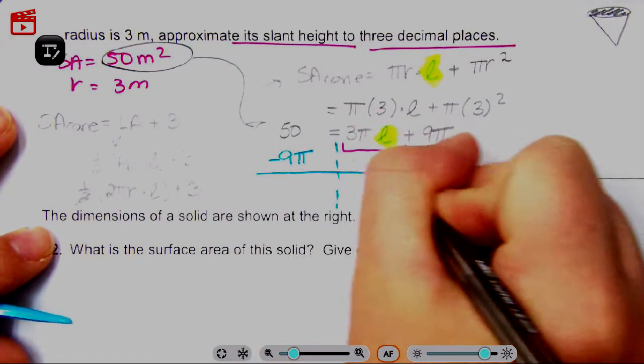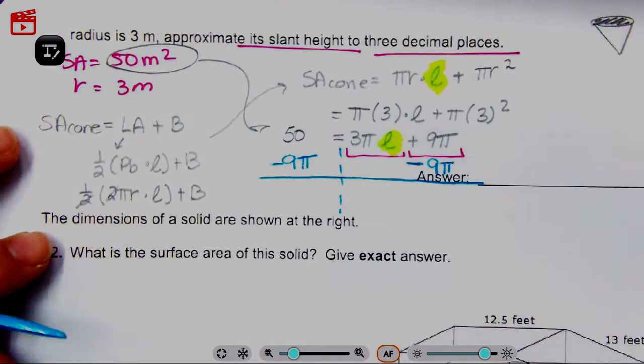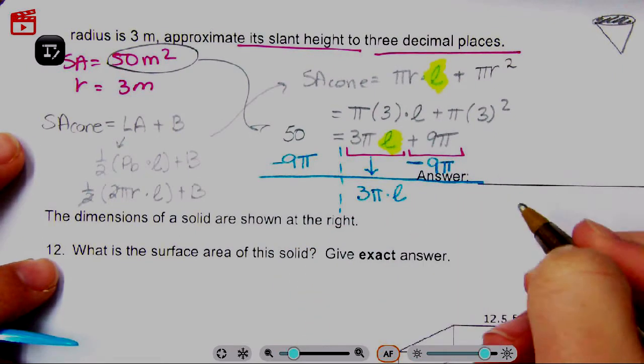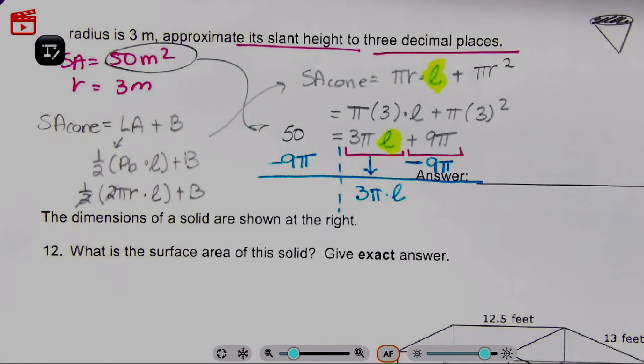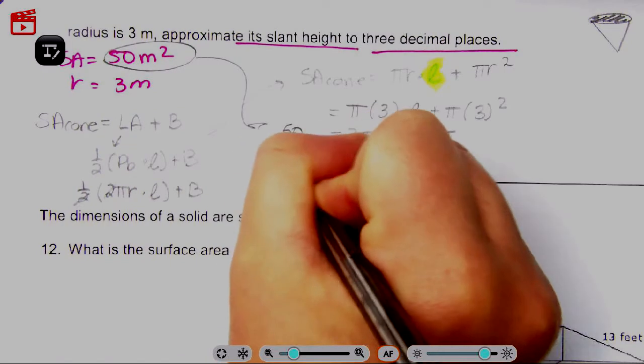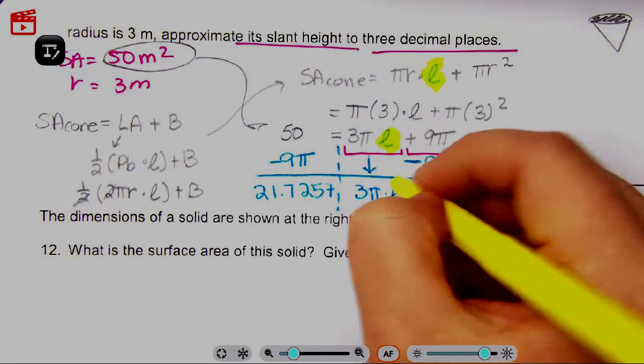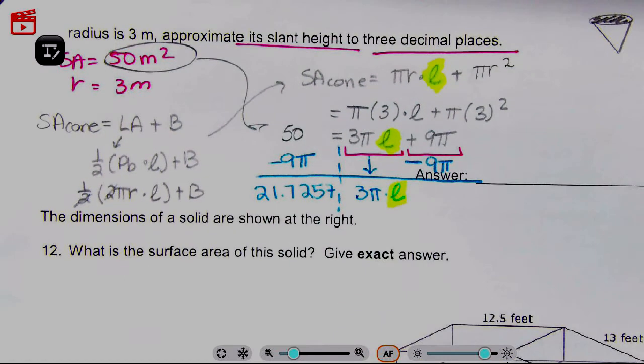Now 9 pi is simply a number. I don't know what that number is, but my calculator knows it. I have 3 pi times my slant height left over. 50 minus 9 pi, calculator time, is about 21.7257. Now we're not done because we still have to solve for our unknown, my slant height.